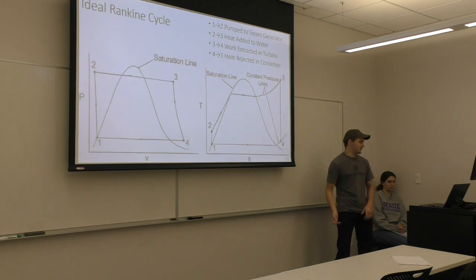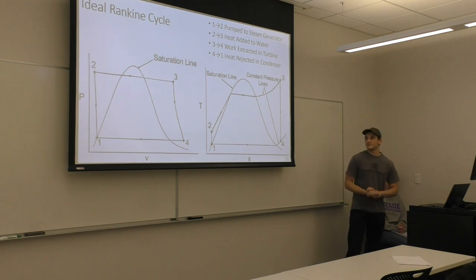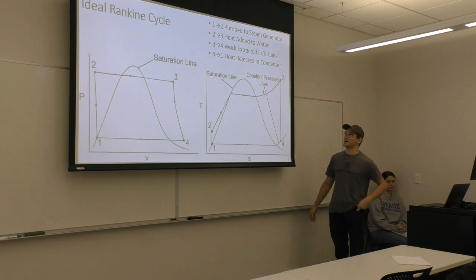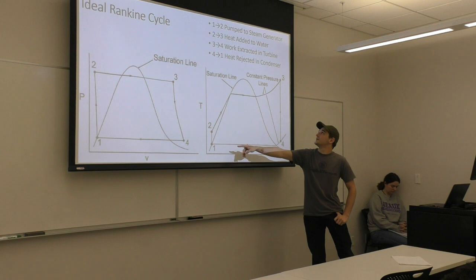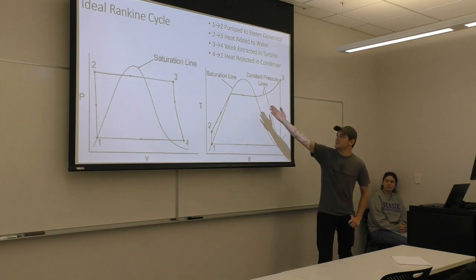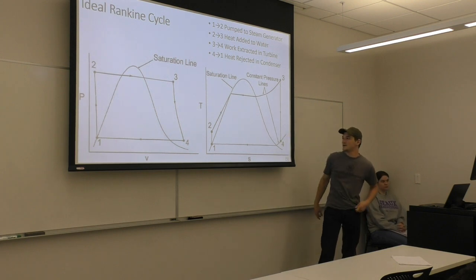All right, and this is what the TS and the PV diagrams look like. So this basically shows from state one, where it's pumped into the boiler, and then temperature increases, it becomes a vapor, and then comes down.